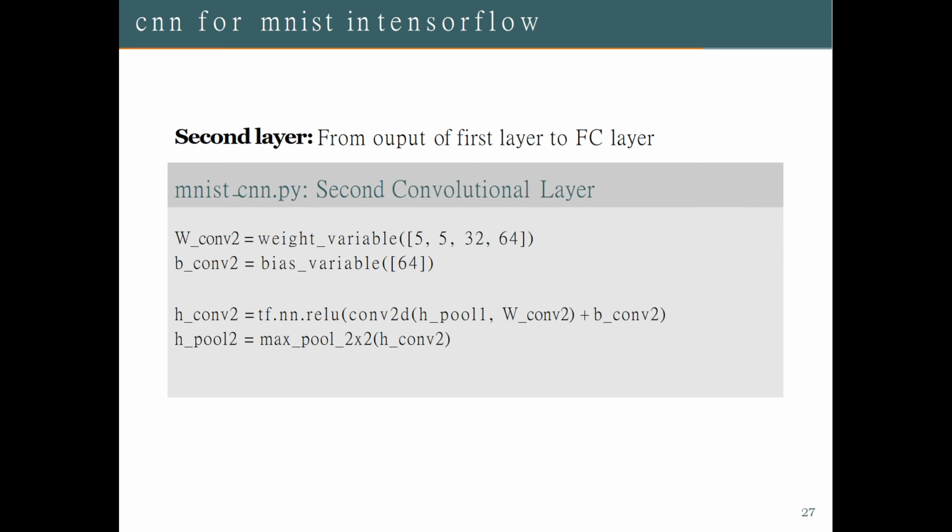And the second layer is from the output of the first layer to the FC layer. Again we will have a weight matrix which is 5 by 5, 32 by 64, and a bias of size 64. We will apply tf.nn.relu and convolve using h_pool1, W_conv2 plus b_conv2, and h_pool2 is a max pool 2 by 2 passing h_conv2.